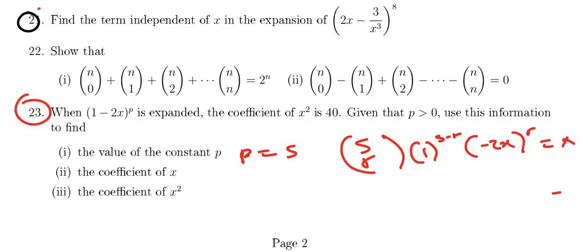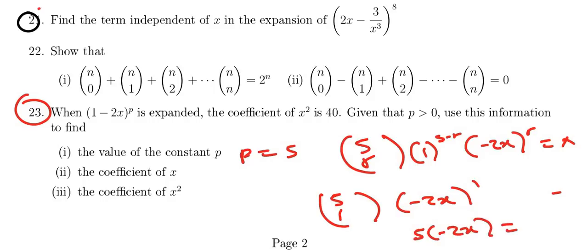There's an x there, meaning r has to be 1, so 5 choose 1. Because x to the power r is equal to x, r is equal to 1. So this is just 5 times negative 2x, which is negative 10x. So the coefficient here is actually negative 10.